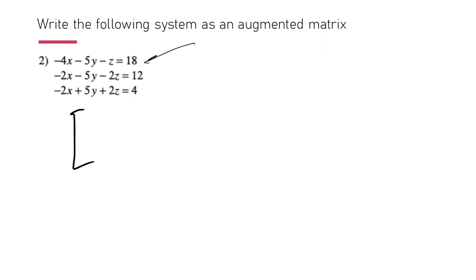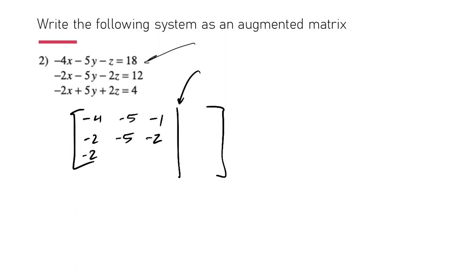An augmented matrix, remember, hopefully you remembered your vertical line. And then we write the coefficients of the variables in the system of equations. One thing to remember is that these must all be the x variables. These must all be the y's and the z's.